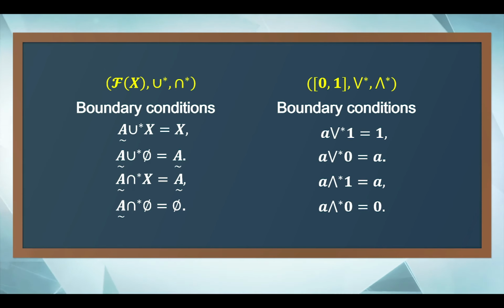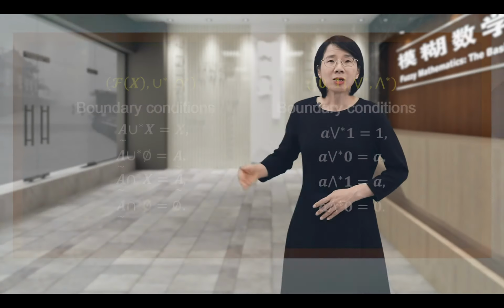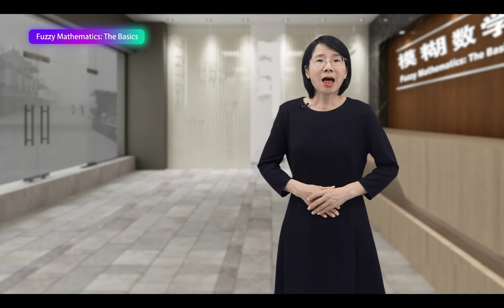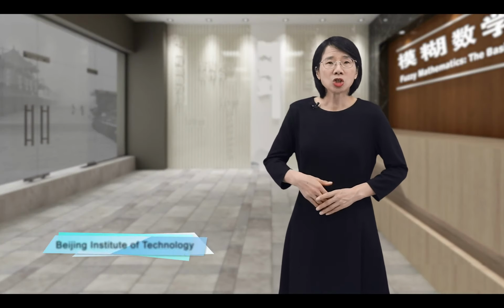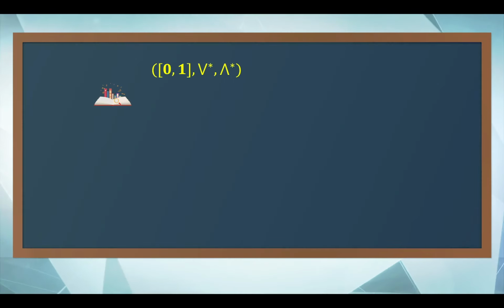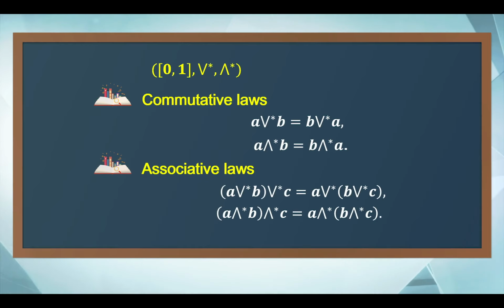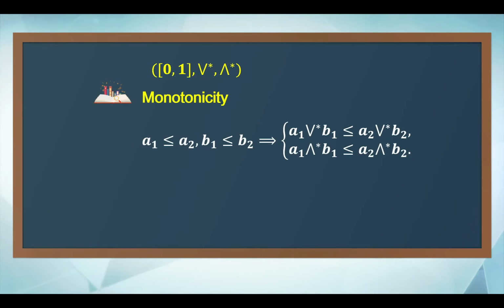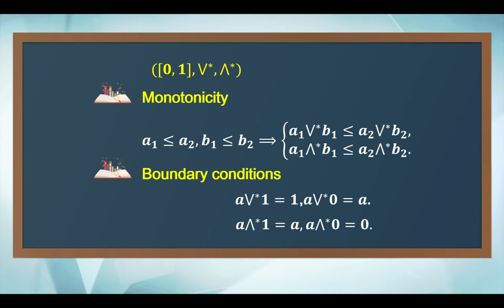To sum up, the algebraic structure should satisfy the following properties: the commutative laws, the associative laws, monotonicity, and the boundary conditions.